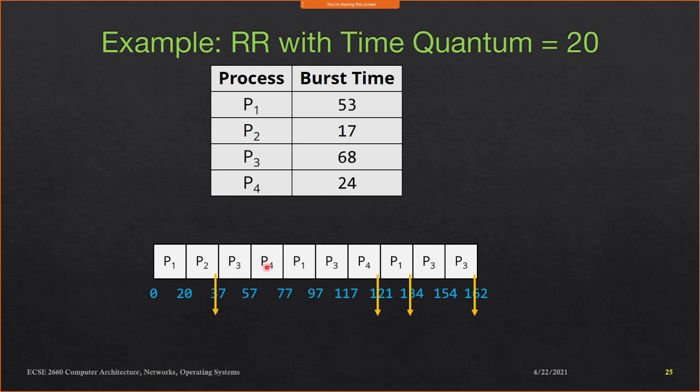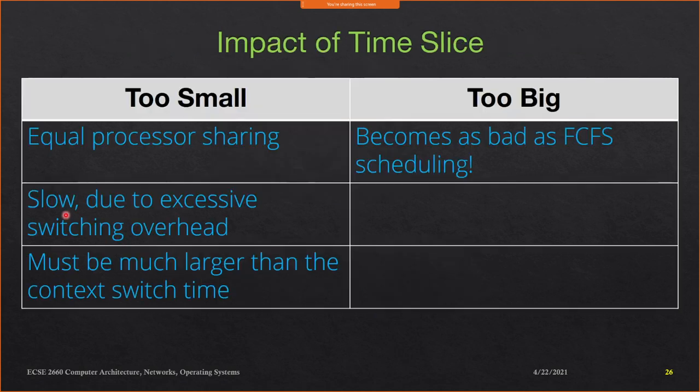However, your computer system is going to become very slow because you now have the overhead of context switching, which essentially means the processor is spending time moving from one process to the other, as opposed to making progress on a process.